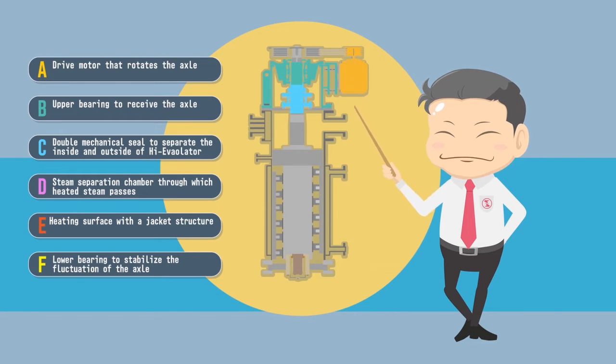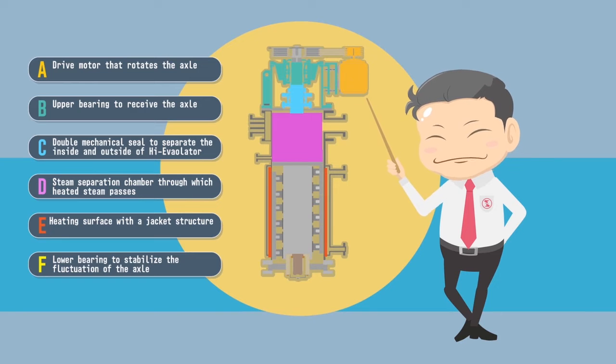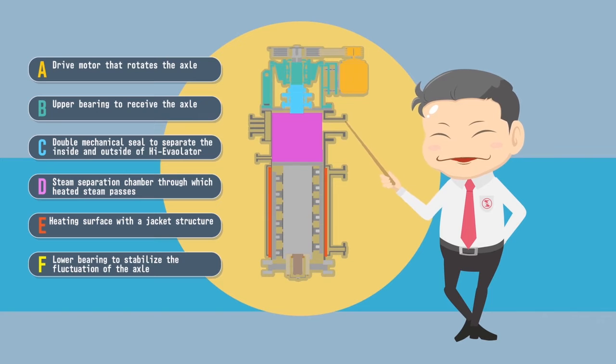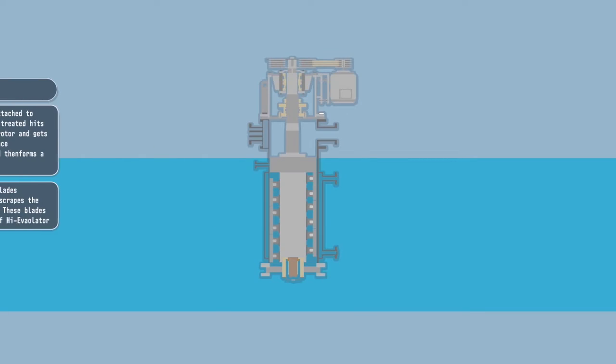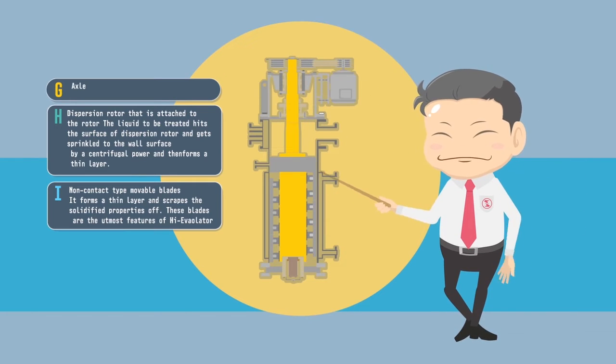D. Steam separation chamber through which heated steam passes. E. Heating surface with a jacket structure. F. Lower bearing to stabilize the fluctuation of the axle. G. Axle.